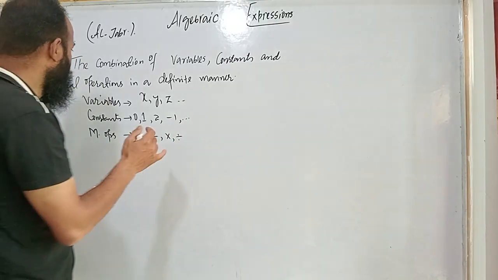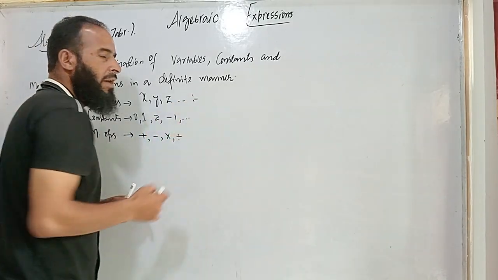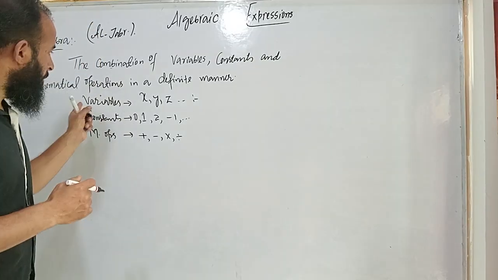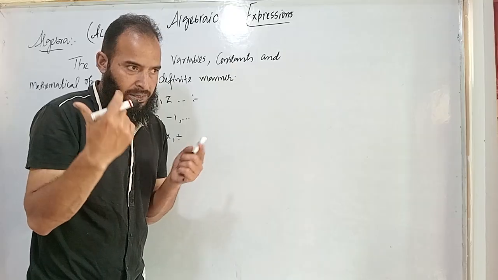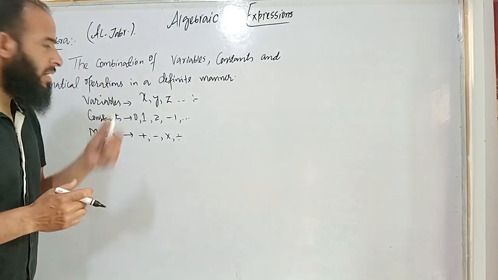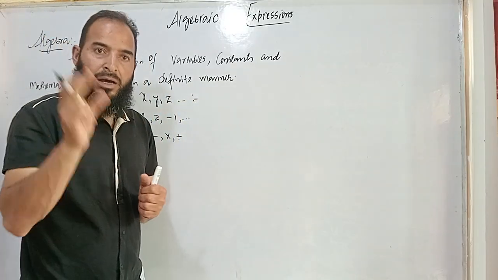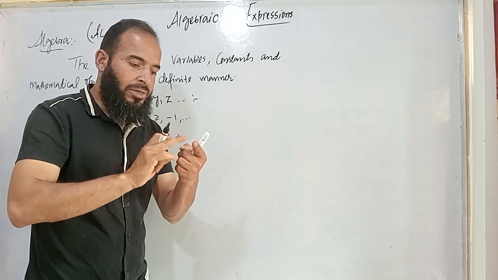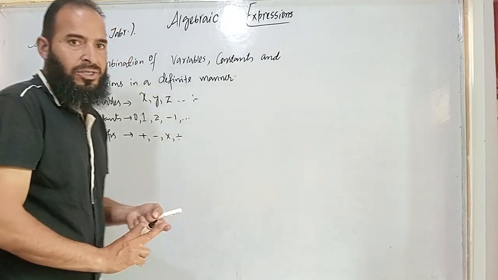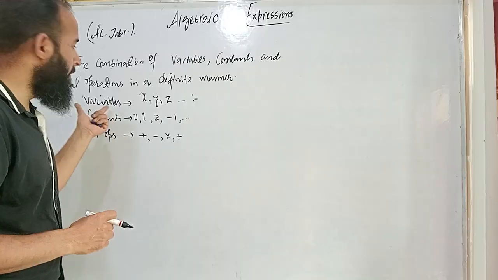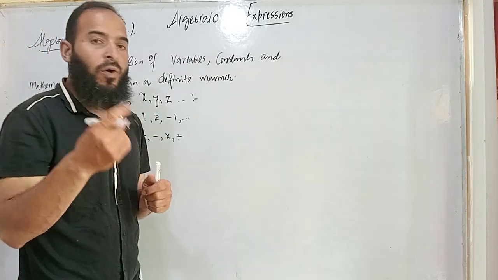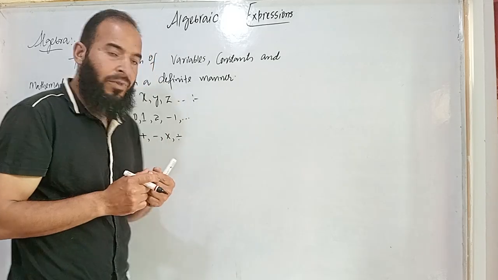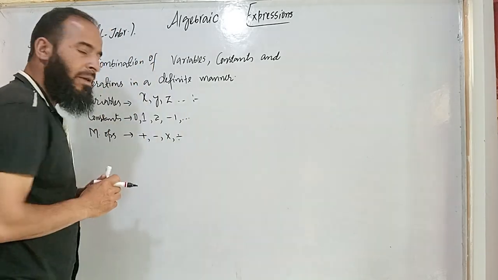Now if we define, what do we mean by a variable? Vary means change. The synonym for vary is change, and this word variable has been derived from that word vary. So what do we mean by a variable?